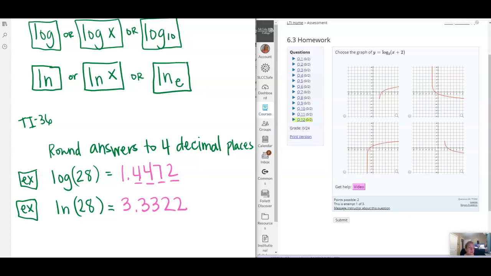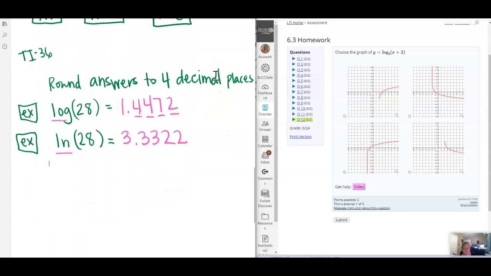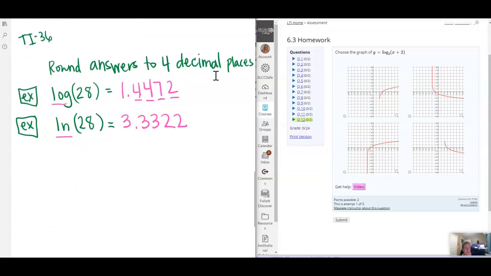All right, why? Can somebody explain to me why we get different answers when we're taking the log compared to the natural log? Because of the base. Yeah, so one thing you've got to remember is that this top one is the common log, meaning there's a little invisible base 10 in there.